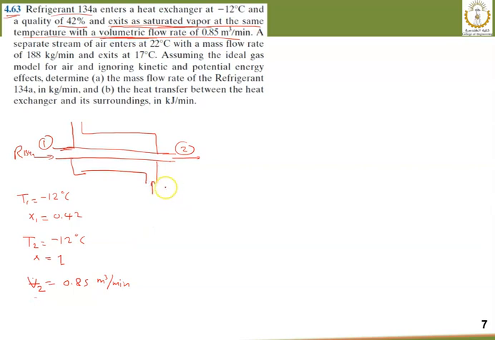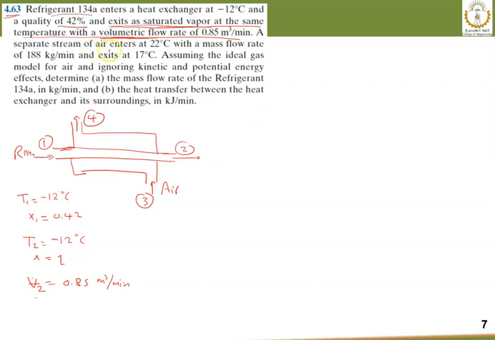Then we have ideal gas air. So this is air, and we call the inlet of air 3, and the outlet is 4. It's very important to sketch this and show the numbers.